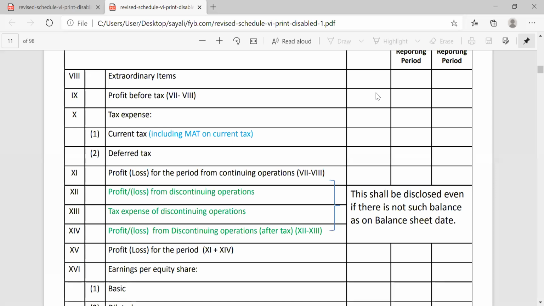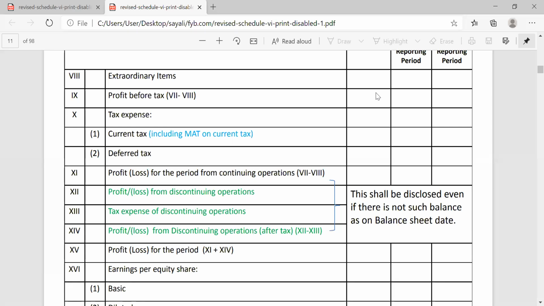So next, number 11, profit or loss for the period from continuing operation. Then 12, profit or loss from discontinuing operation, then tax expenses on discontinuing operation, then profit or loss from discontinuing operation after tax, 12 minus 13. You will get profit or loss for the period, 10 plus 14.